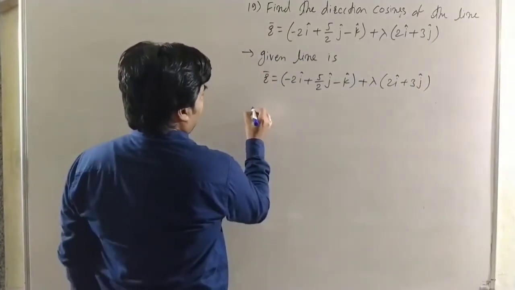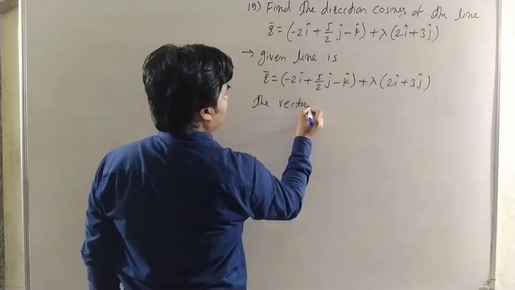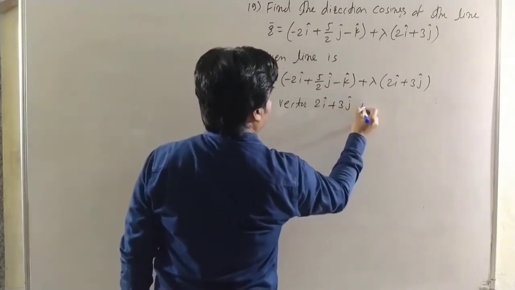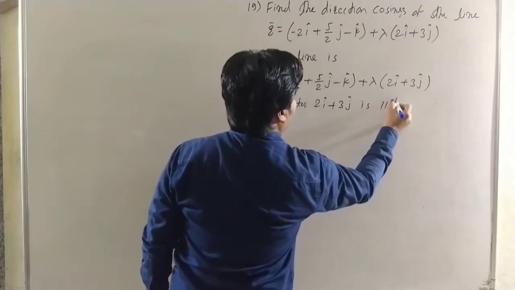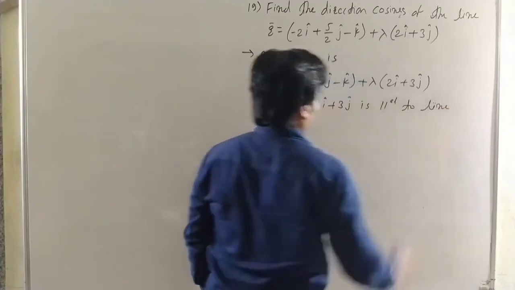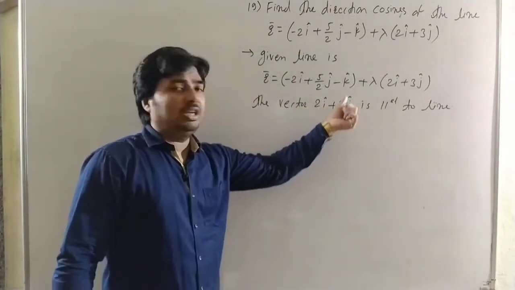Therefore, the vector 2 i cap plus 3 j cap is parallel to the line.